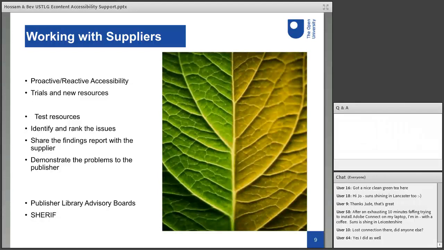So, for example, we recently worked with Oxford University Press, and once we'd started talking about accessibility, they asked if they could see what kind of problems things threw up. So we had our normal account manager come along and one of their development directors come along, and they suddenly realised that that was really, really powerful.